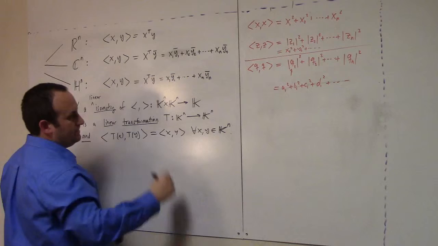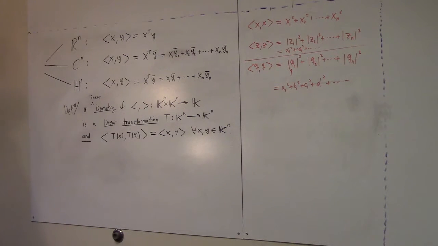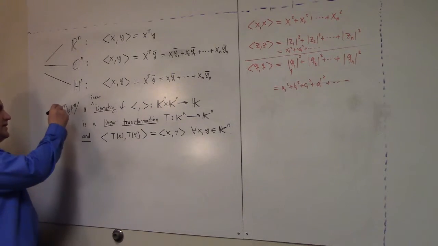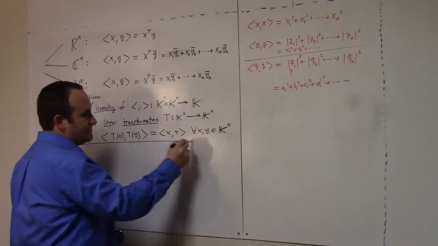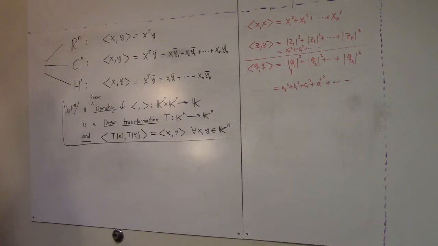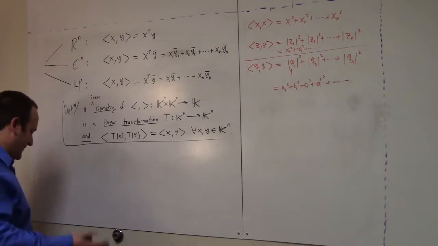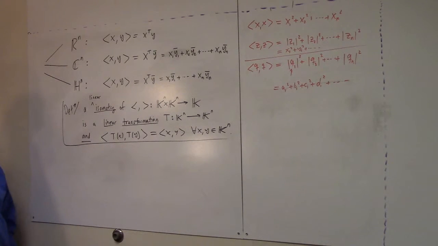This is Kn cross Kn mapping to K. So it's not Kn. It's an inner product. Its output's a scalar. That scalar might be a real number, a complex number, or a quaternion in our generality at the moment. Quaternions are usually thought of as numbers. As we've discussed, I'm slightly more open-minded about what a number is. Maybe too open-minded. I don't know.